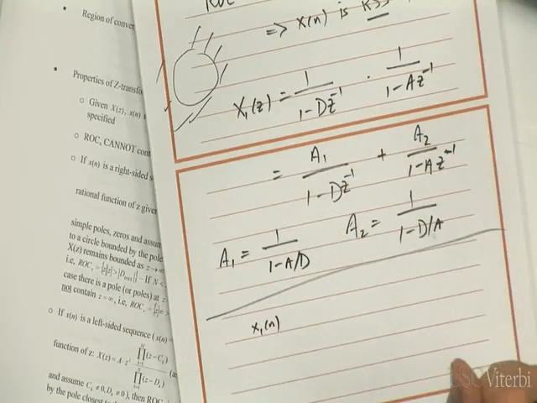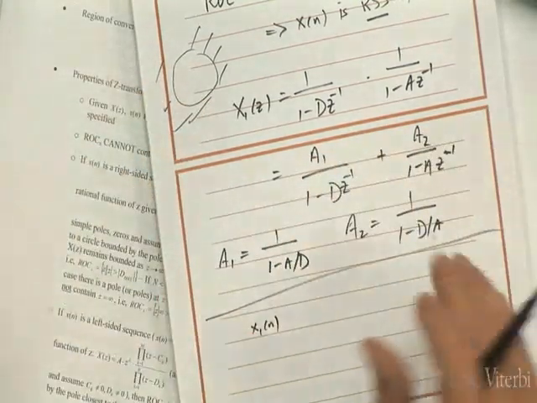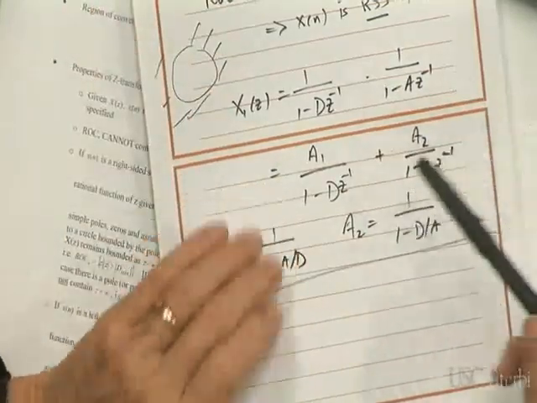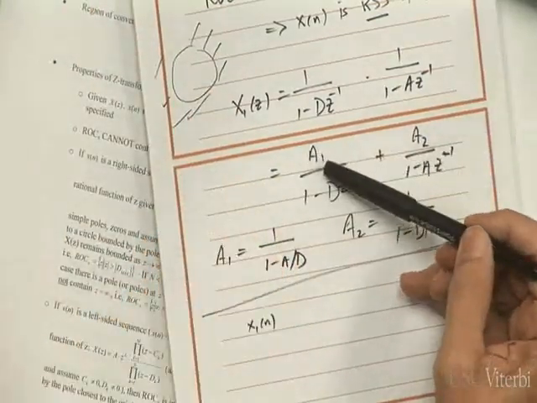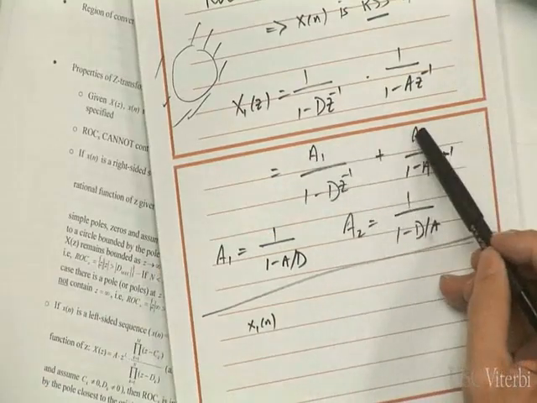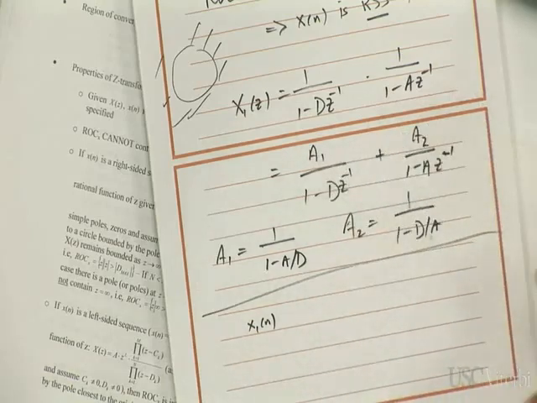You do know that you want to compute the inverse transform of this and the inverse transform of this, and then add them together. But you don't know if each is right-sided or left-sided.